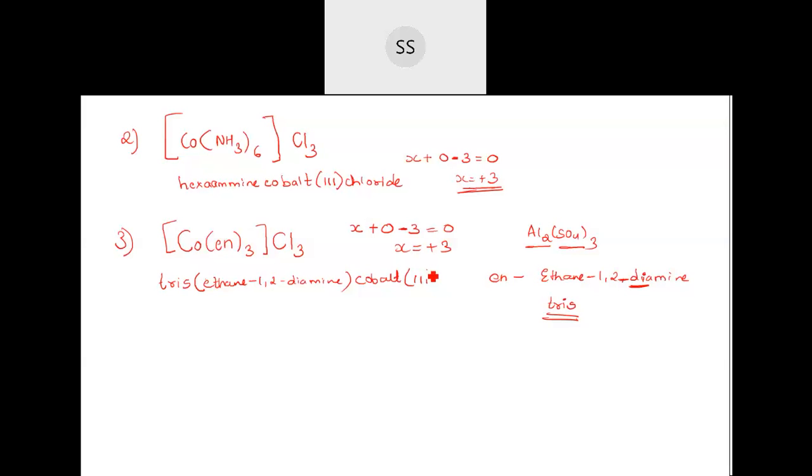So it will be 3, followed by the name, that is chloride. In the exam you needn't show this calculation, but you have to write this oxidation state. I did this calculation part, but in the exam you don't have to show it. Writing the oxidation state correctly is enough.